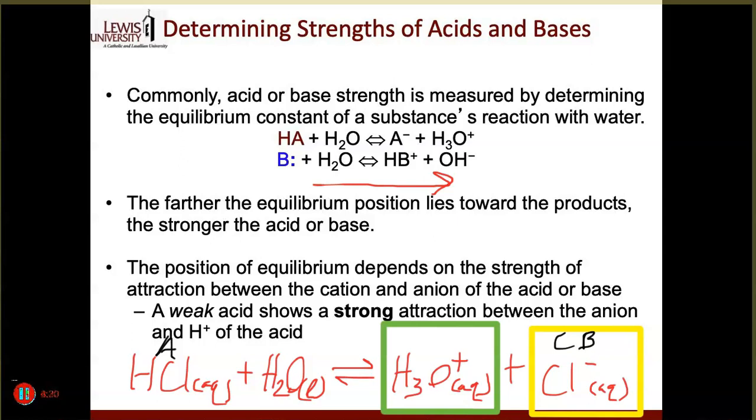That's the question. For a strong acid like HCl, there is really no reaction in the reverse because there's no attraction between these two ions. So this is written as a single arrow forward reaction because there is no attraction between the ions.